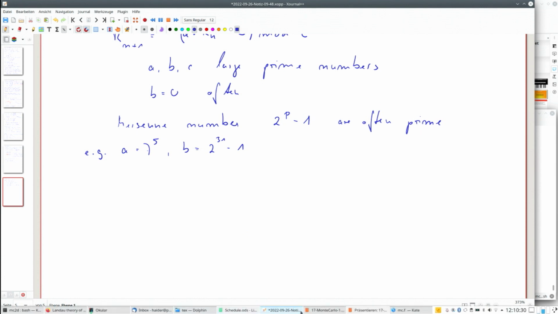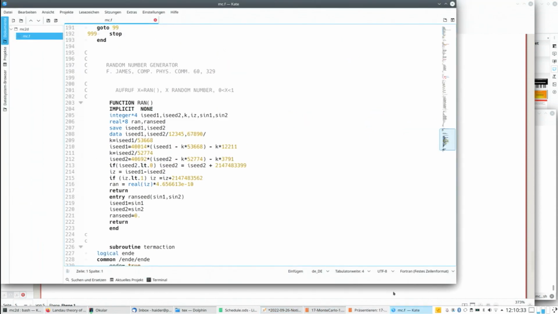I think the one I used in this little code here, I have not noted here. Here you see the period, but, oh yeah, okay, I think this is 2 to the power 31 minus 1 here.